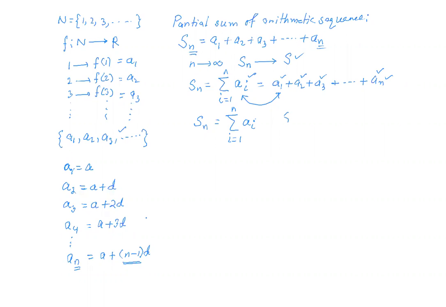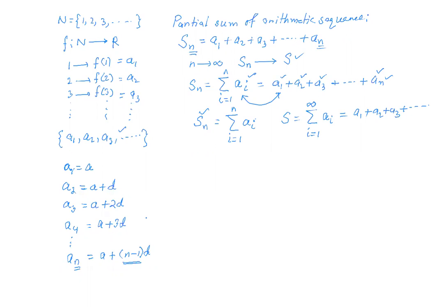However, if you take the infinite sum, then it becomes S, or we call it a series: summation i equal to 1 to infinity of A sub i. In that case, this becomes A1 plus A2 plus A3 plus dot, dot, dot. It keeps going forever. So that's your series, and this is the partial sum, which is a finite sum.